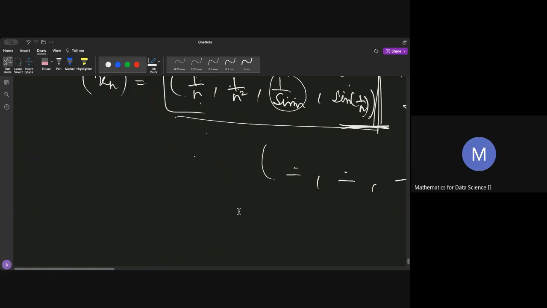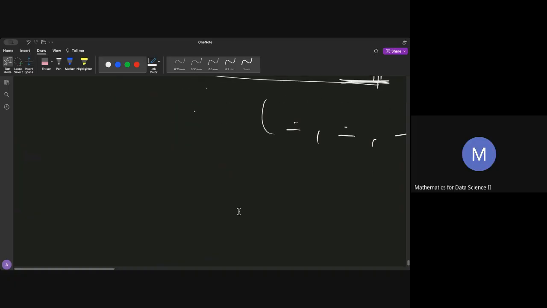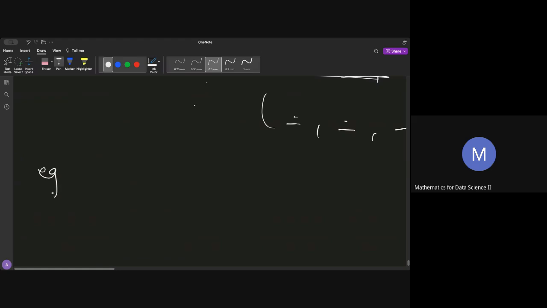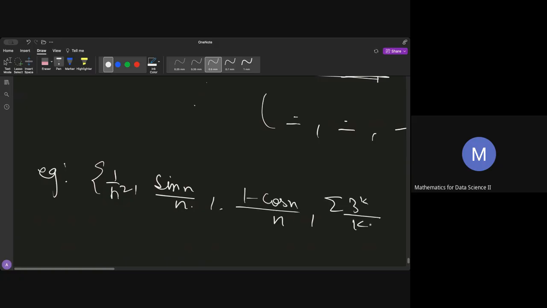Okay. So we'll see one more thing here. Let's take one more example for clarity. Let's say you have 1 by n square, sine n by n, then 1 minus cos n by n, and summation 3 to the power k factorial, k varying from 0 to n.